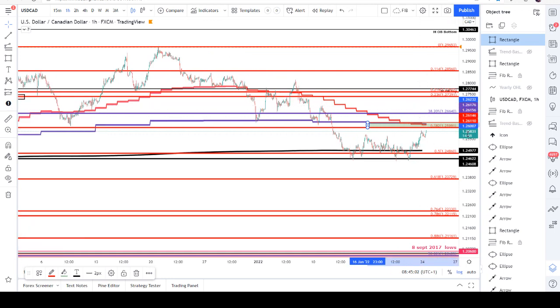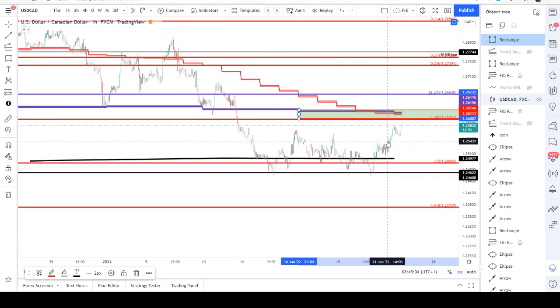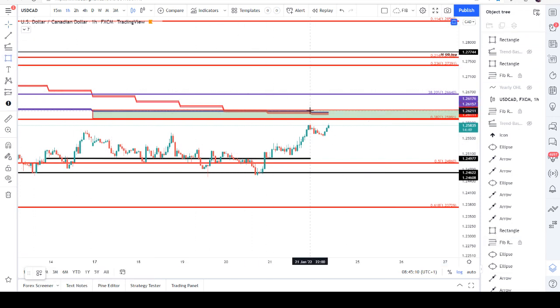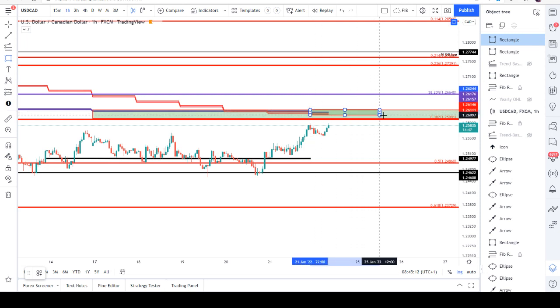Those are very strong, and they will provide a reaction that's 100% sure. So if we go a little bit higher, which is what I think will happen, we would have the first area here and the second more precise area in this small 126.13 to 126.24.